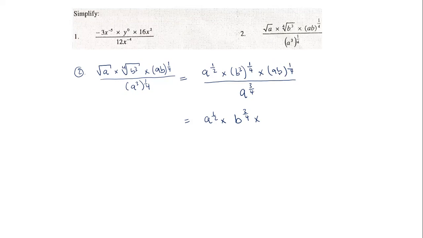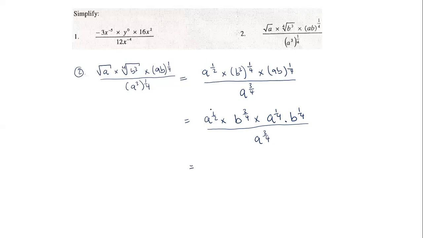But remember, we're going to multiply each base's exponent by 1 over 4. So for a, we're going to have a to the power of 1 over 4, multiplied by, for b, we're going to have 1 multiplied by 1 over 4. It's going to be b to the power of 1 over 4. Therefore, we write our division line, and at the bottom, we still have a to the power of 3 over 4.